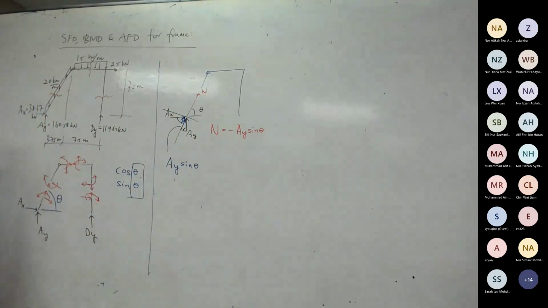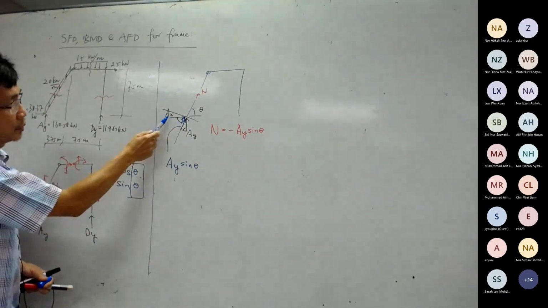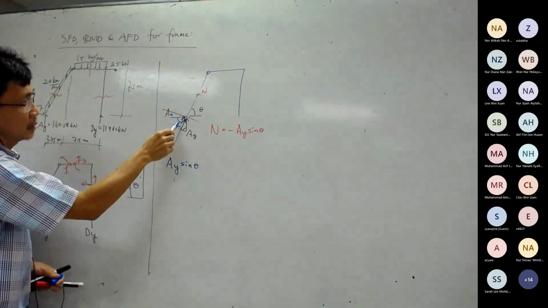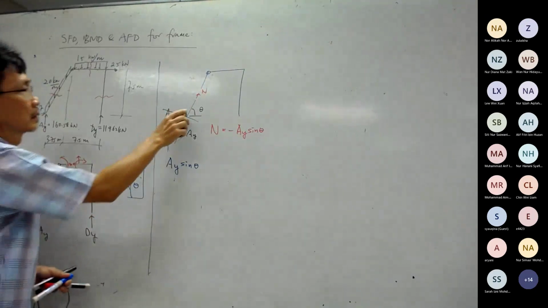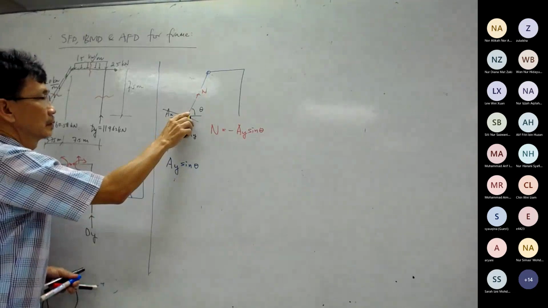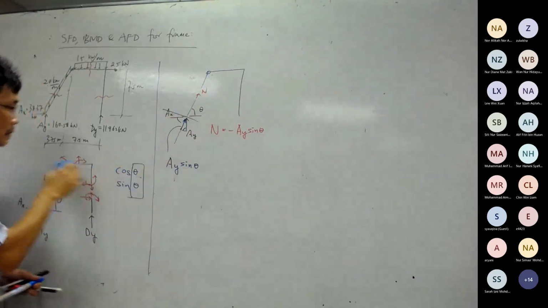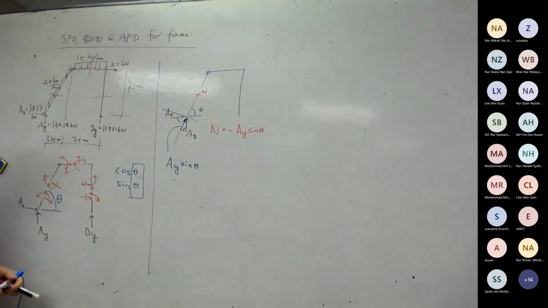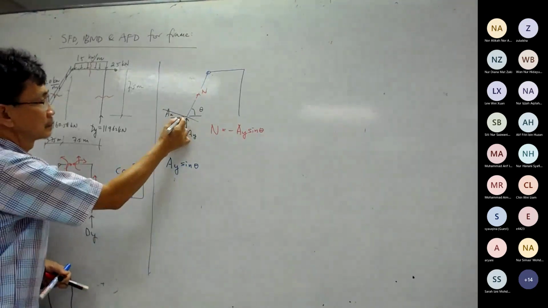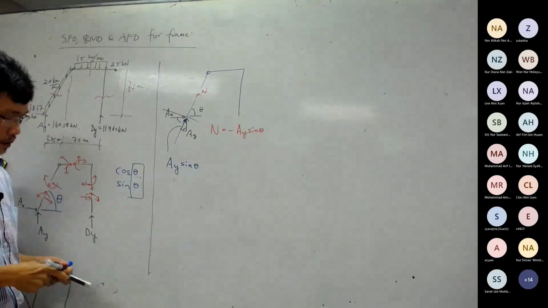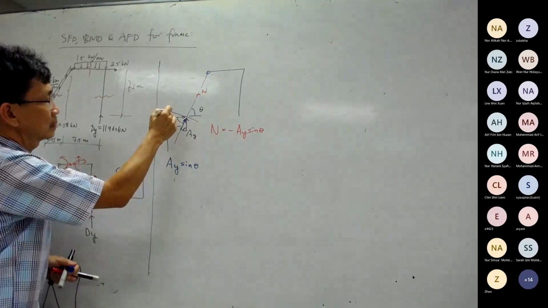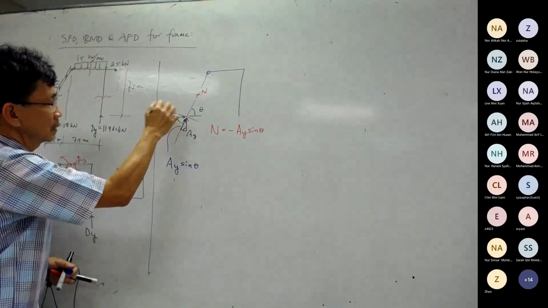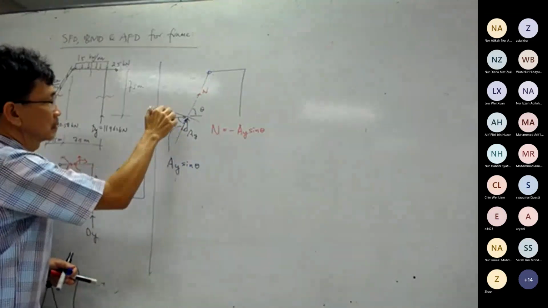It will be this angle. This component of this in this direction will be this, or is this one here, this AX.